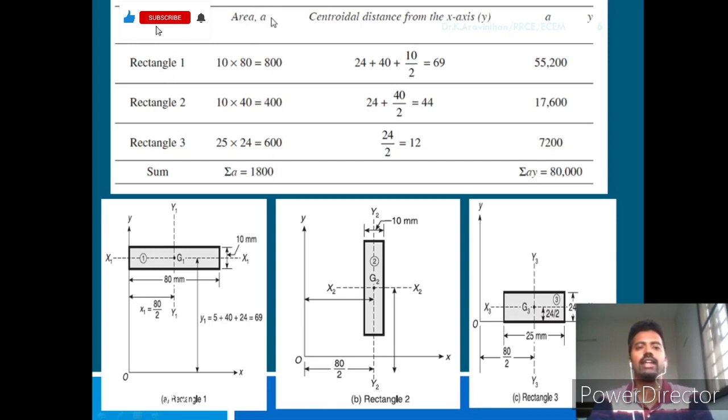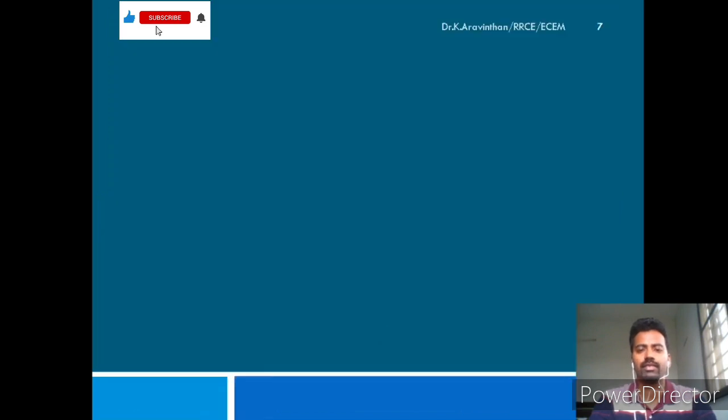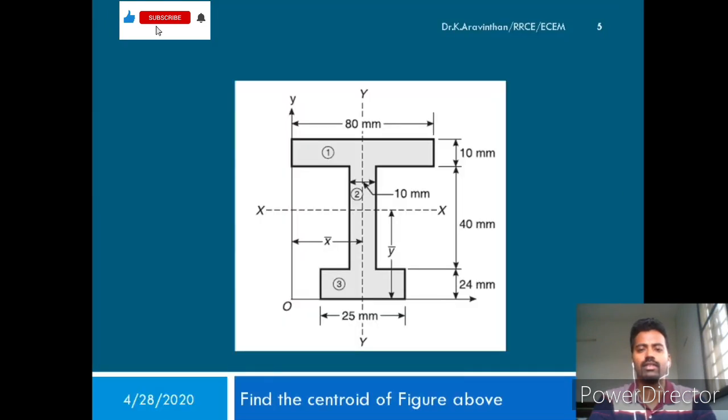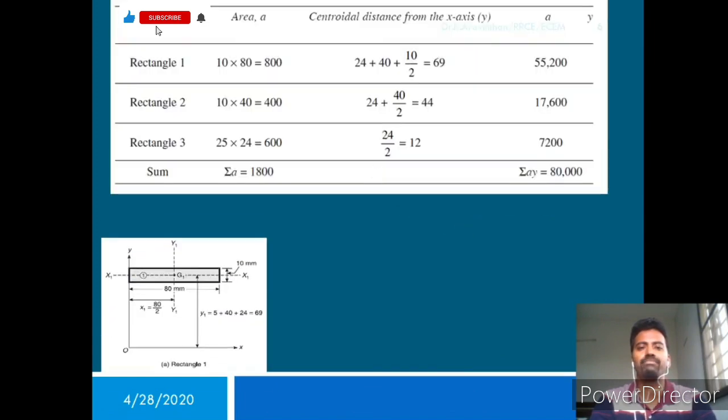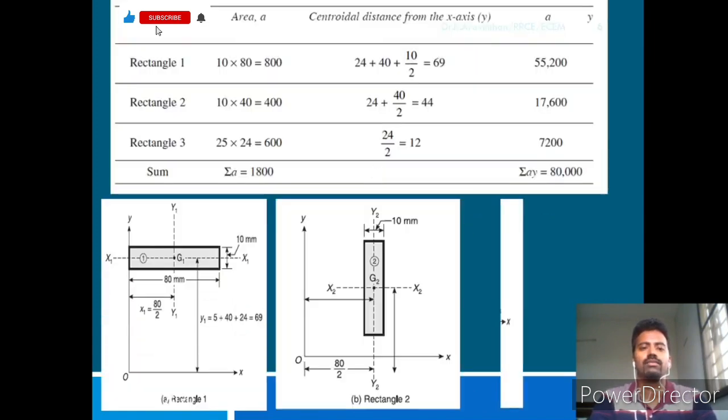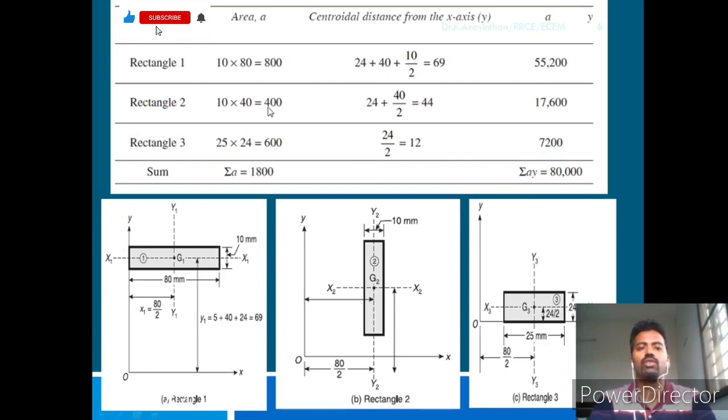First we shall find the area of each rectangle. The breadth is 80, the depth is 10, so 10 into 80 is 800. Next, for the second section, it is 10 into the depth of 40, so 10 into 40 is 400.